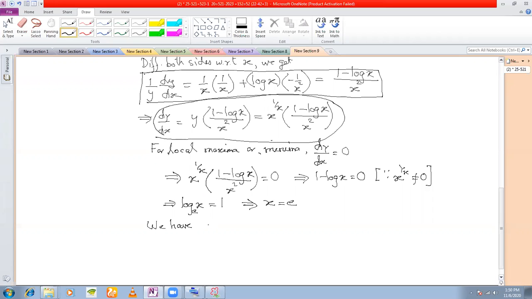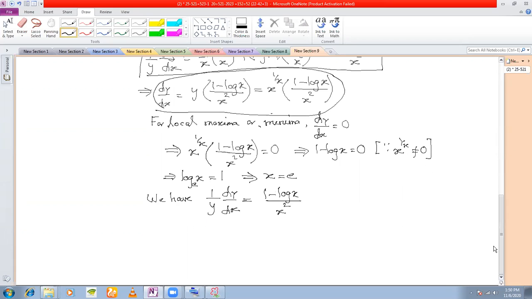Okay. So what we do is we have (1/y) dy/dx = (1 - log x)/x^2. That means what do we get here? You differentiate again both sides. You remember successive differentiation?